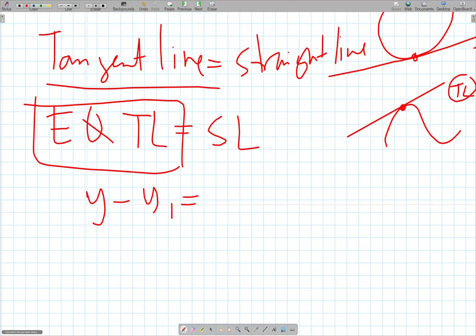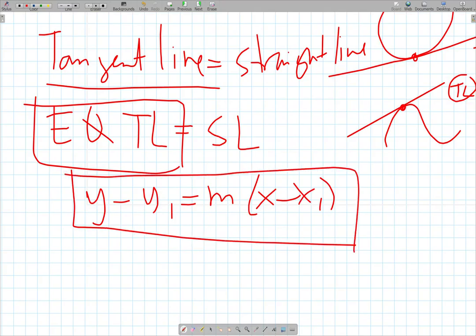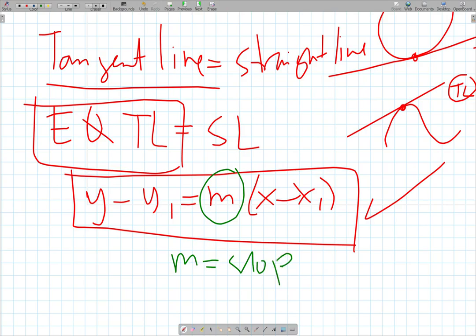y minus y1 equals m times x minus x sub 1. That is the equation of the straight line or the tangent line. We are using this to find the equation of the tangent line. What does m mean here? m is the slope of the line.